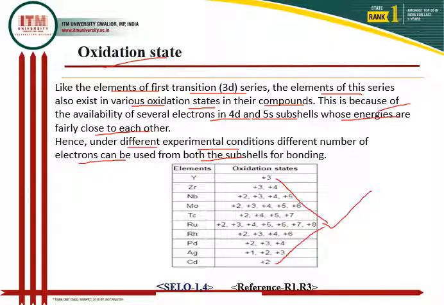From yttrium to ruthenium, the maximum oxidation state is that of ruthenium, and then it starts decreasing, and the lowest oxidation state is that of cadmium, which is +2, while yttrium starts from +3.